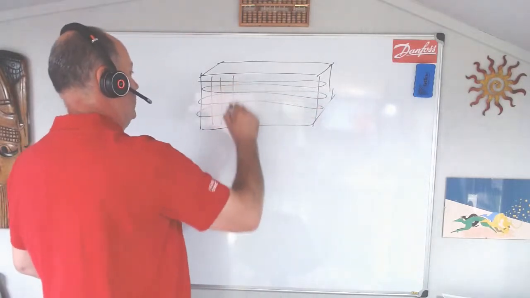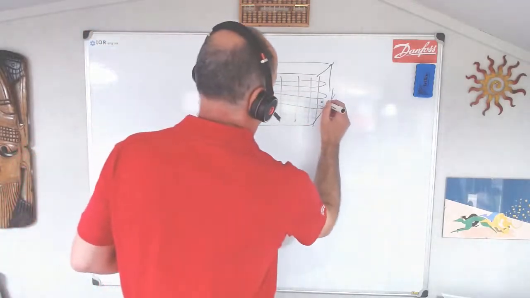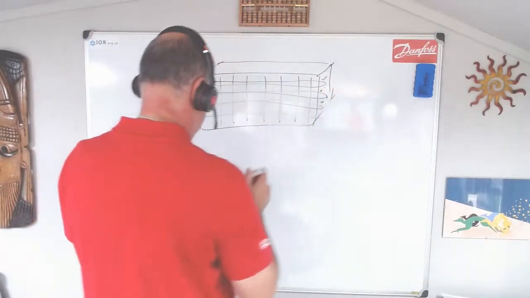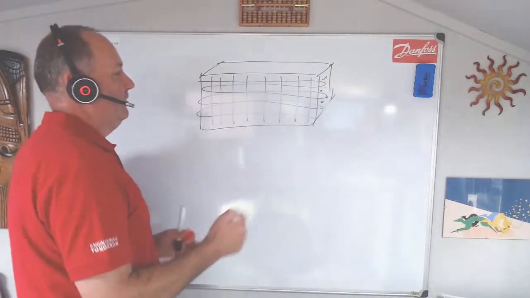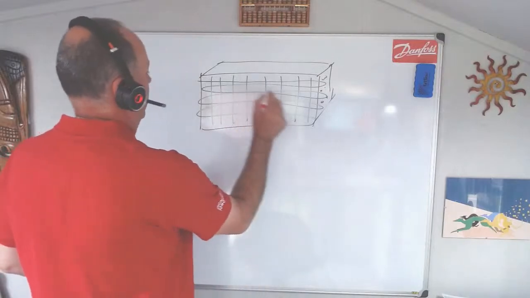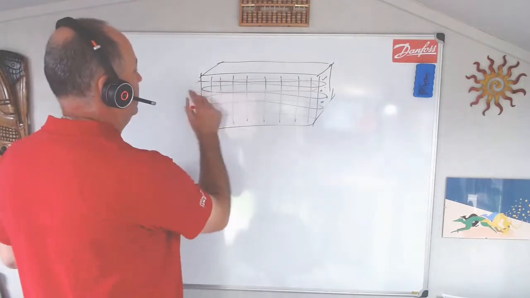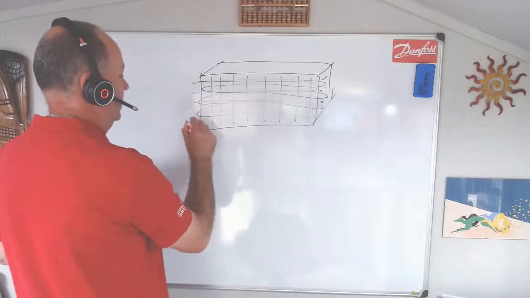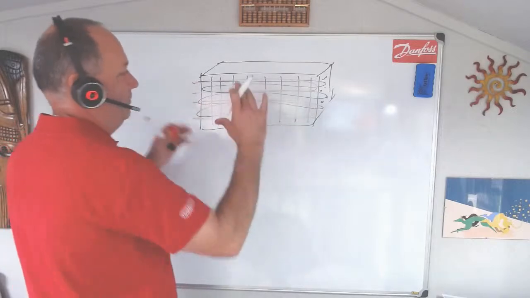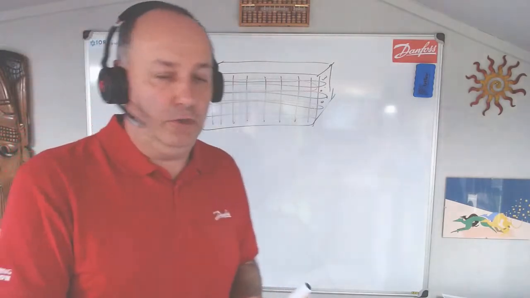You've got your fins on your tubes like so, and your defrost heaters are actually within the coil itself. What I've seen people do is a bit Heath Robinson, but basically strap a U heater. That's not the greatest pen in the world, but basically strap either 1 or 2 U defrost heaters onto the face of the coil if there's a lot of moisture, a lot of frost building up on that face.